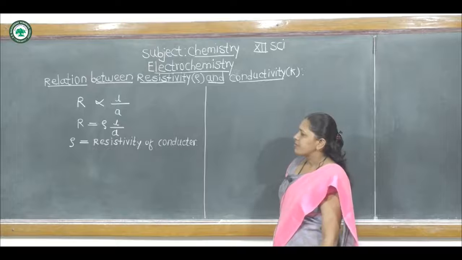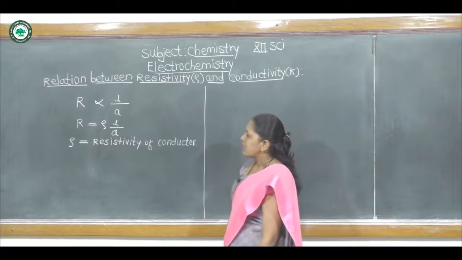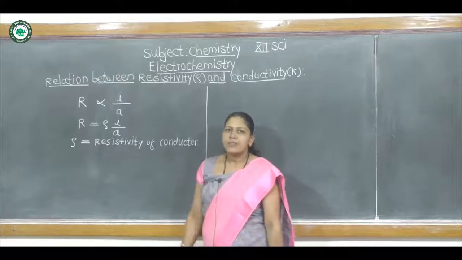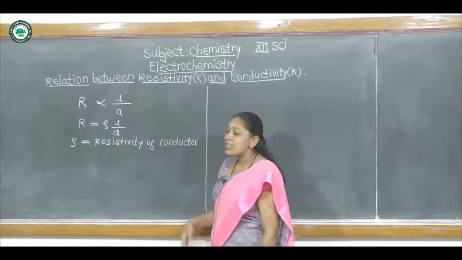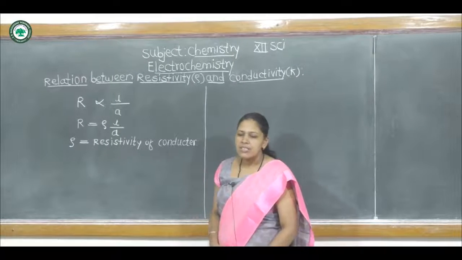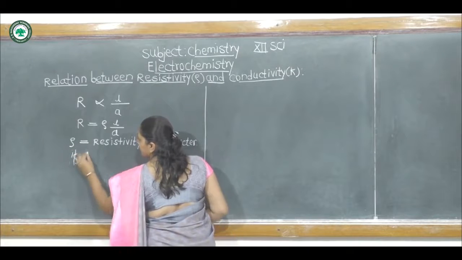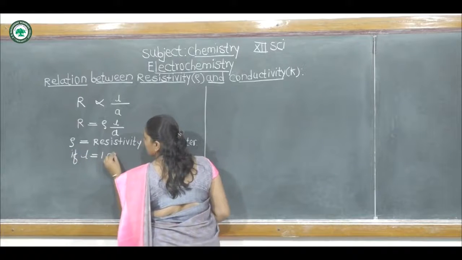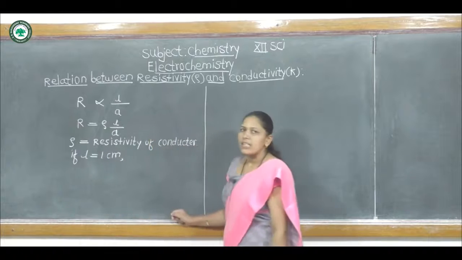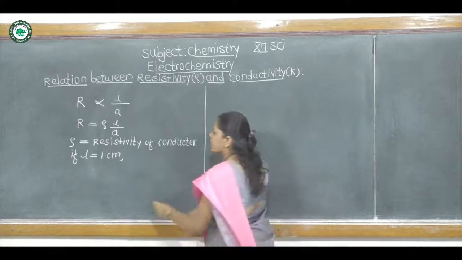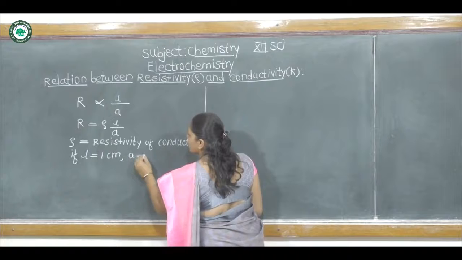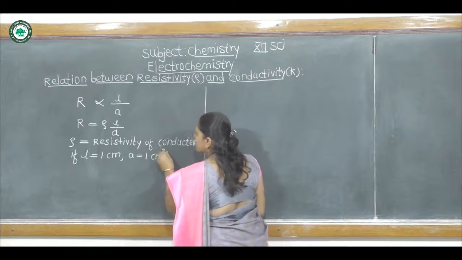Suppose the length of a conductor is 1 centimeter, L is equal to 1 centimeter, and the area of cross section of the conductor is equal to 1 centimeter square.